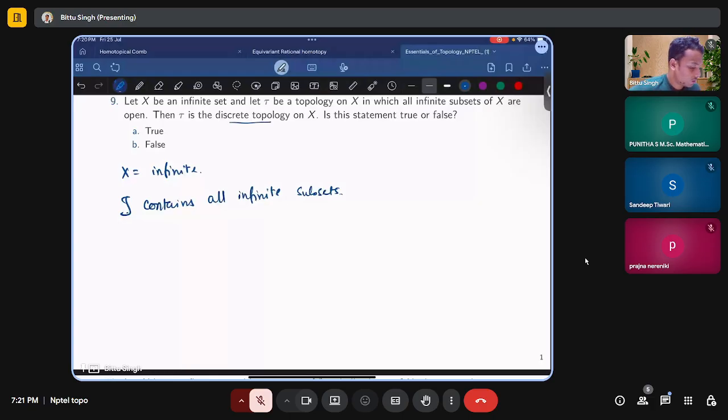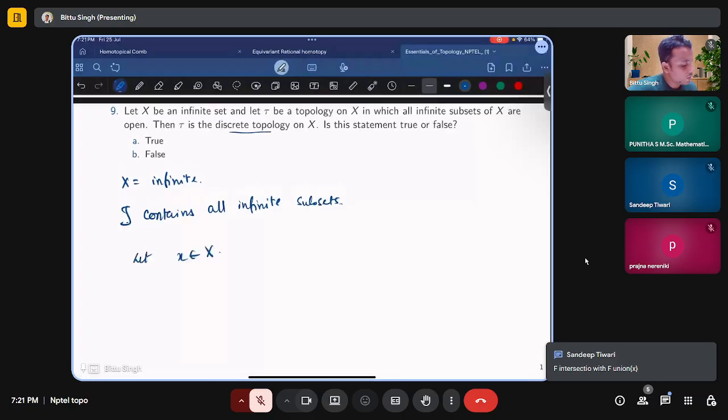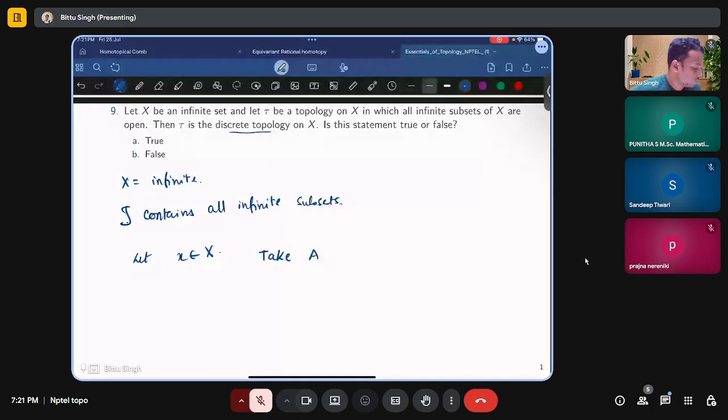So let x belong to X, and take A to be an infinite set such that X minus A is also infinite.